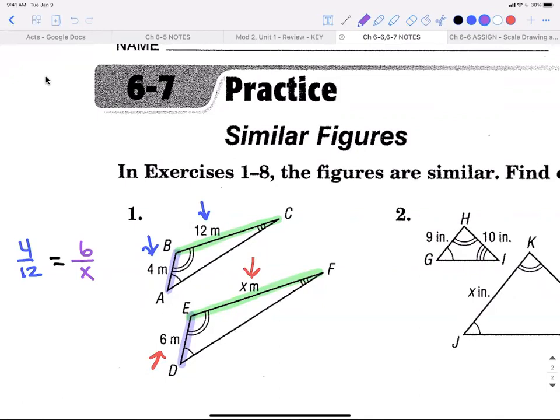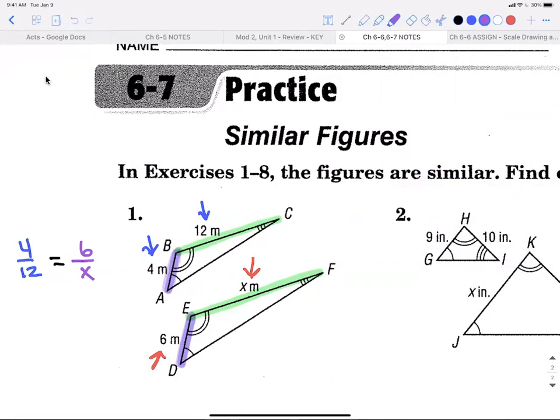So the first ratio doesn't matter which one you put on top and bottom. The second one has to match the first one as far as which sides. What should happen is that when I highlighted my purple side and my purple side, 4 and 6 should both be on top of my ratios, and they are.